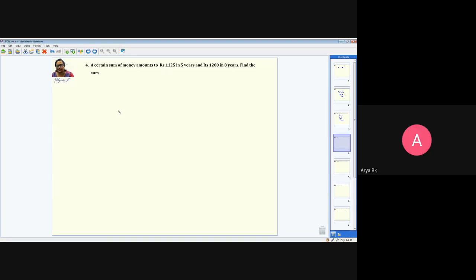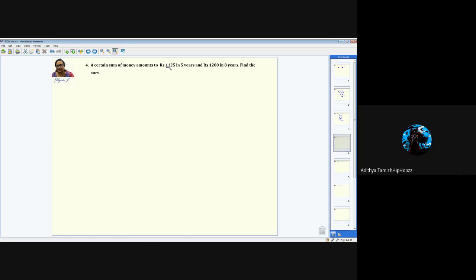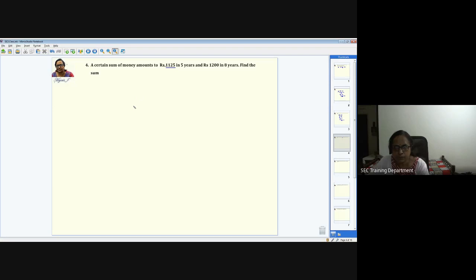Should we add 1125 plus 1200? Why should we add these two? Principal amount. You can form individual formula, right? First formula, what can you write? 1125 is the sum. It's not principal. The sum of money amounts to this.